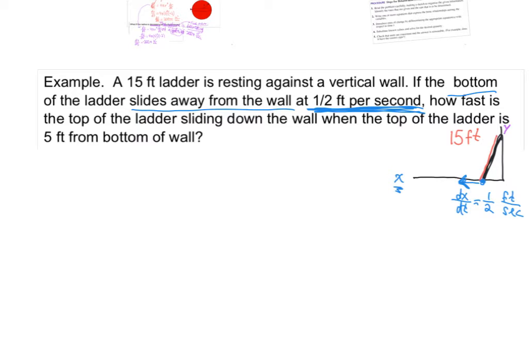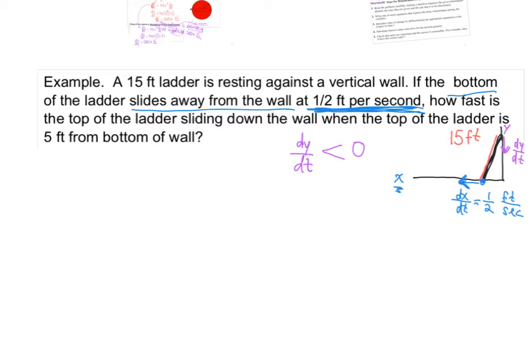Let's think about that for a moment. If we're thinking about how fast something is sliding down, that's going to be dy/dt. It's important to notice that dy/dt will be negative. Okay? Because as we said in the previous video, decrease means negative derivative.